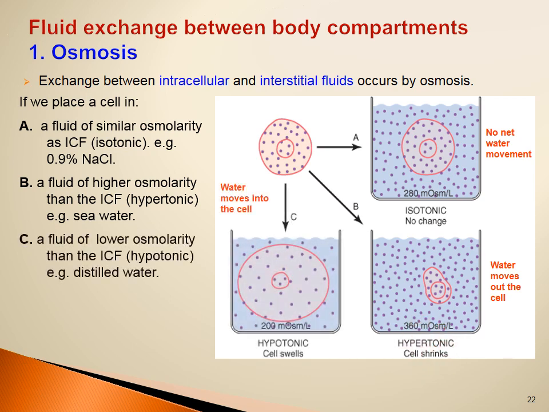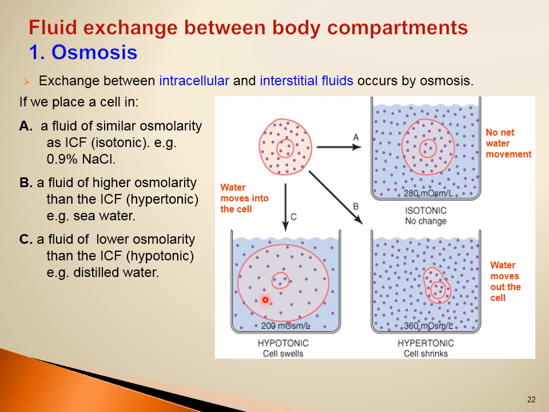On the other hand, if we place the cell in a hypotonic solution, or a solution that has an osmolarity lower than that of the intracellular fluid, distilled water as an example, that contains no solutes, no ions.